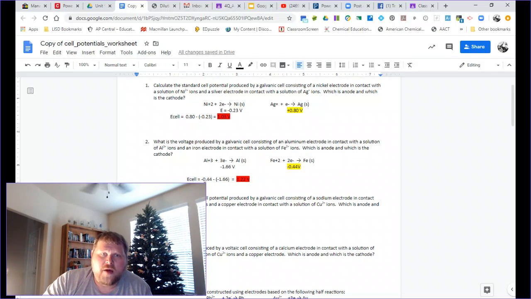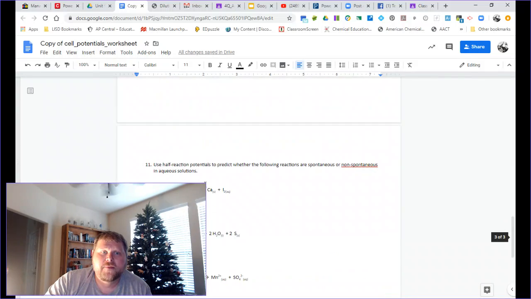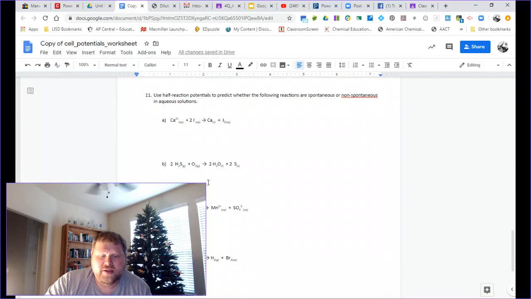The type of problem that catches students the most, if you look at the screen, is on page 3 of this handout. And you can see the difference in these type of problems. In this problem here, number 11, you don't get the luxury of throwing two electrodes together and saying, which way are they going to flow?